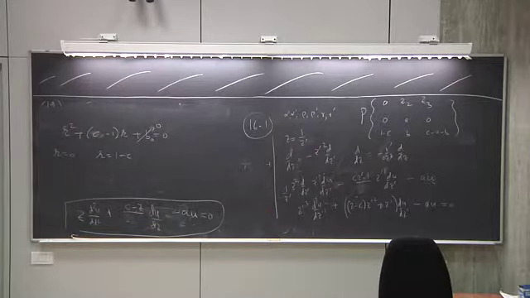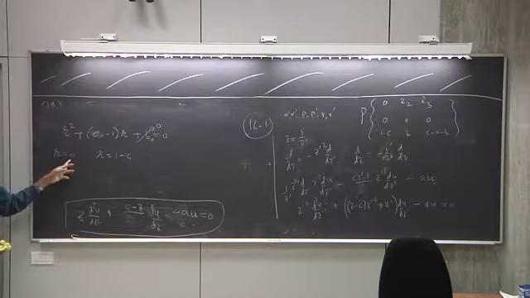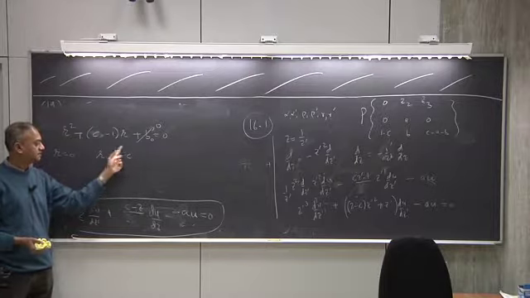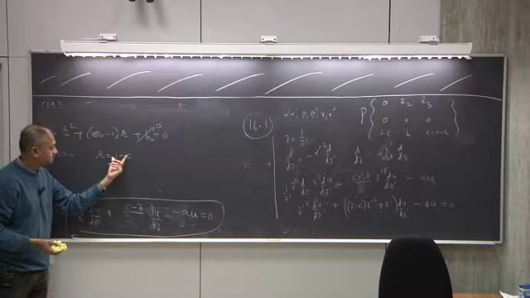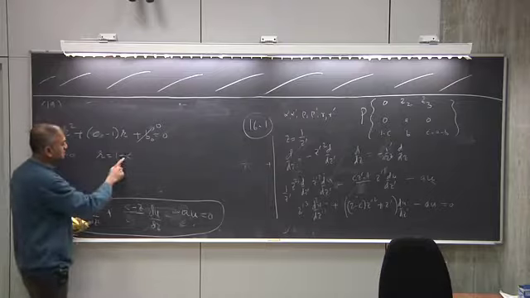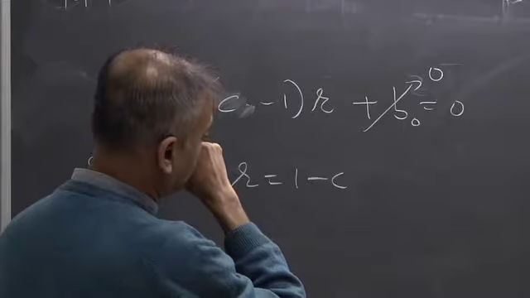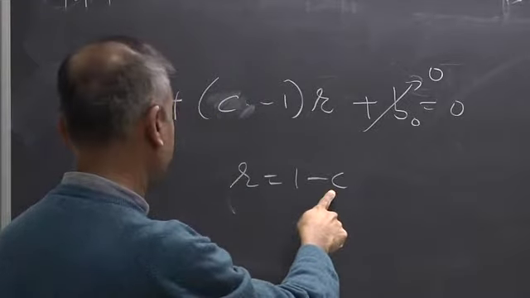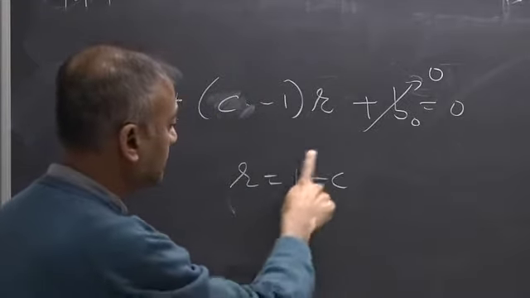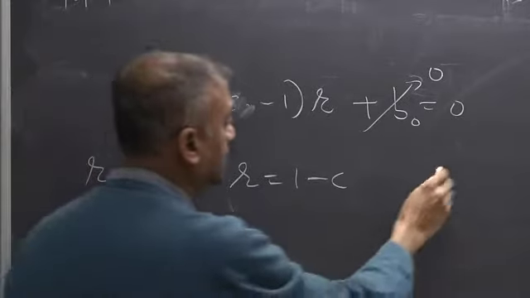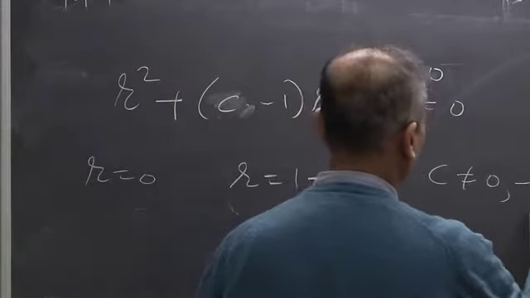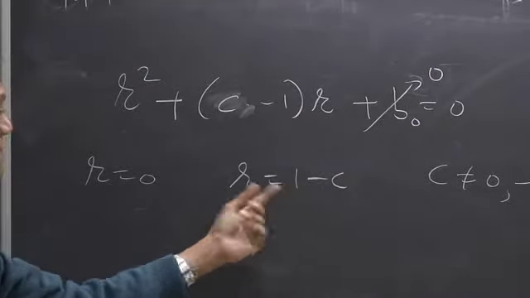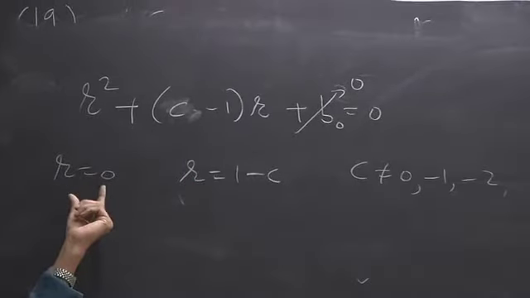So we have two solutions. One which is analytic, and the other, if c is not a negative integer, that is, if c is not equal to 0, minus 1, minus 2, etc., because then you see the real part of this root will be greater than that, right?